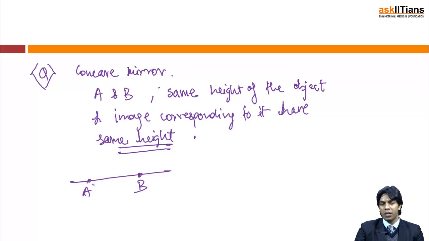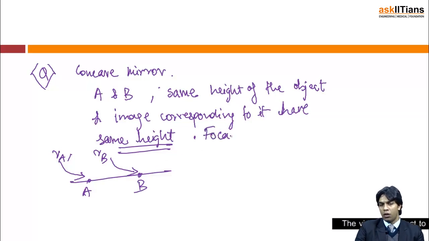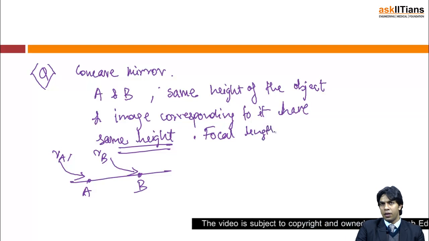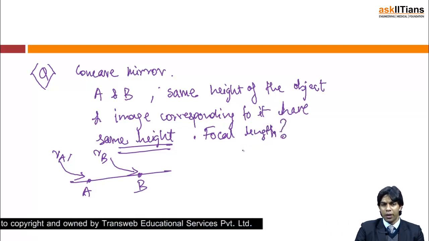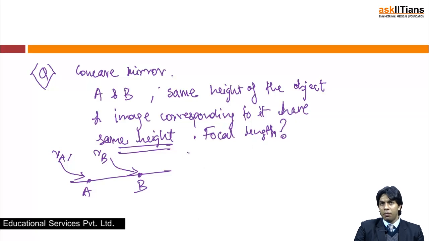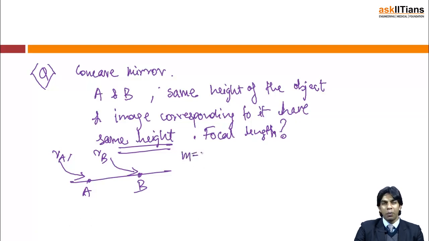Now the given information is RA, the position from the pole, and RB, the position from the pole. We need to find the focal length of the concave mirror. Now I know that the magnification cannot be equal.